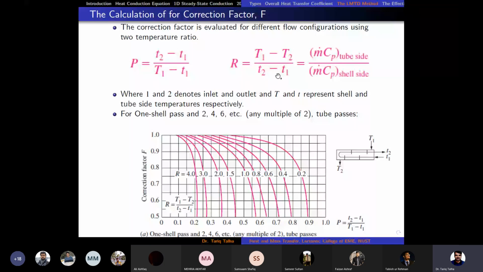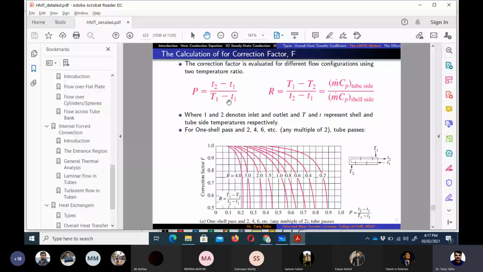Now, for convenience of understanding, they have also shown this capital T1, capital T2, and small t1 and small t2 on the schematic as well. Now, if we talk about how to read this graph, let me.